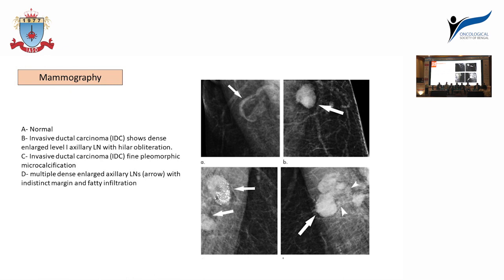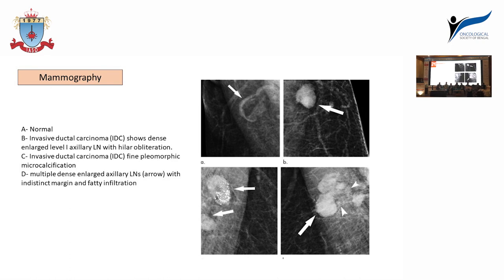Okay. So, Dr. Sudeep, what are the findings you think of while you discuss with your radiologist regarding mammographic findings of axillary lymph node? What are the typical findings of axillary lymphadenopathy in mammography? Generally, hilar obliteration is one of the findings that we can see.